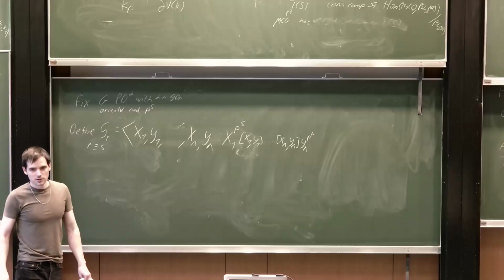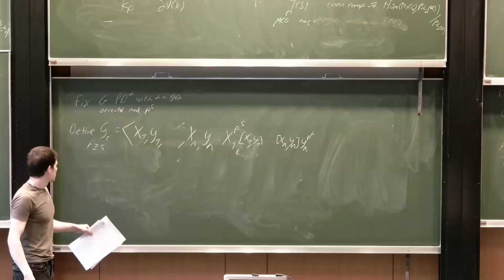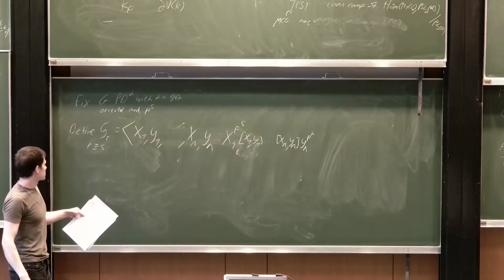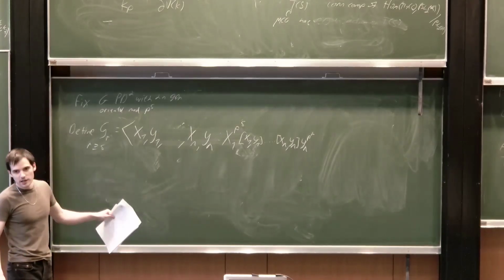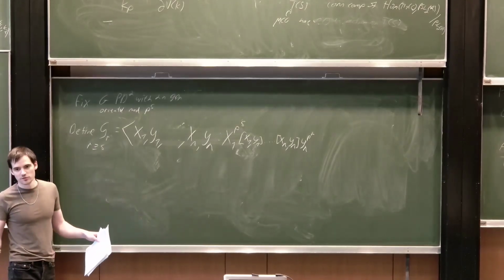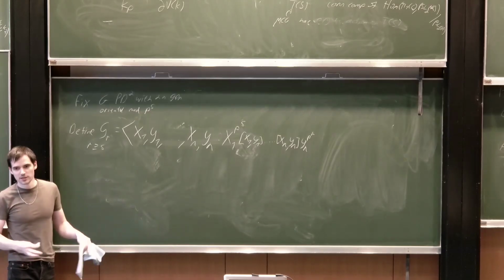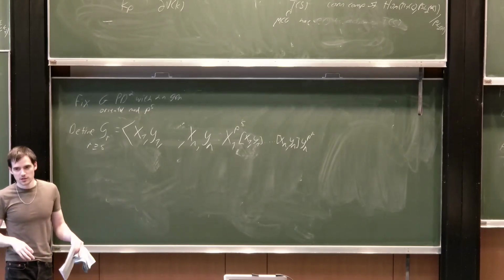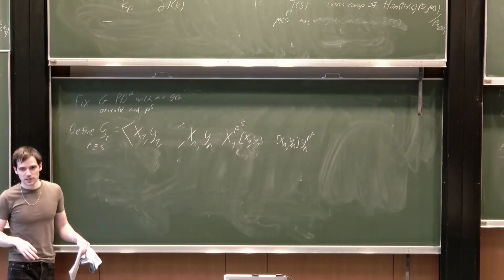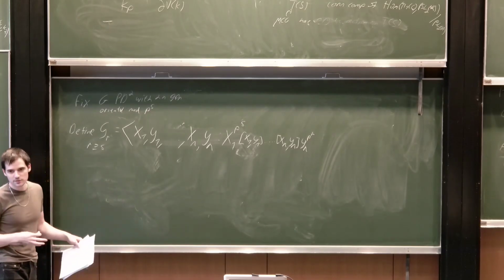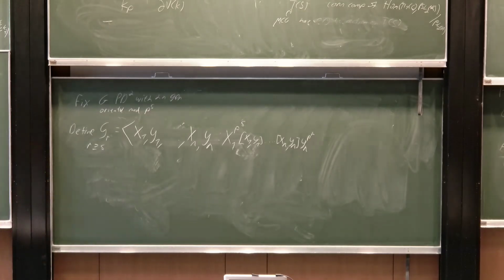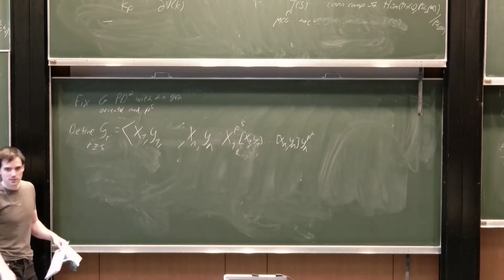And in fact, I was able to show that this family of groups has infinitely many non-isomorphic discrete groups in it. So you really do need to consider all these groups, because otherwise you would not get some of the pro-p splittings.